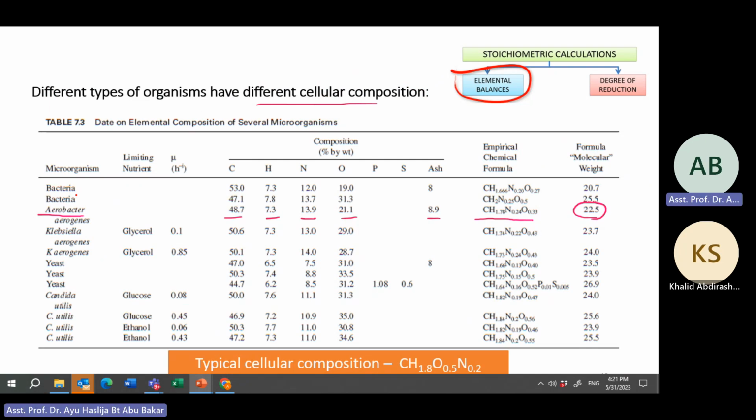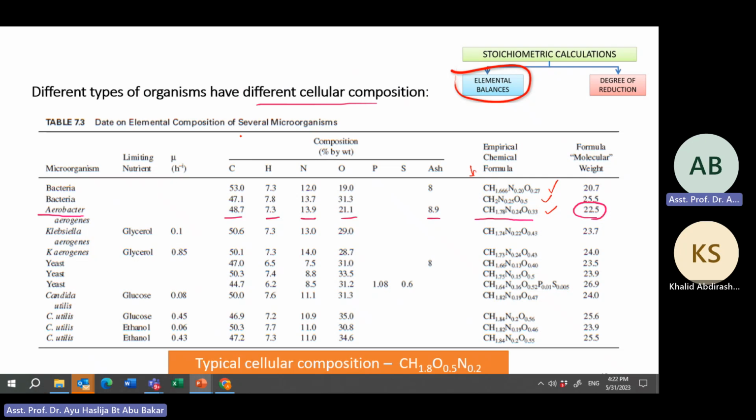As you can see over here, different types of organisms have different cellular composition. This is the composition. Now, bacteria, Aerobacter, you can see the difference. No worries, in the midterm or final exam, this will be given. You don't need to calculate.